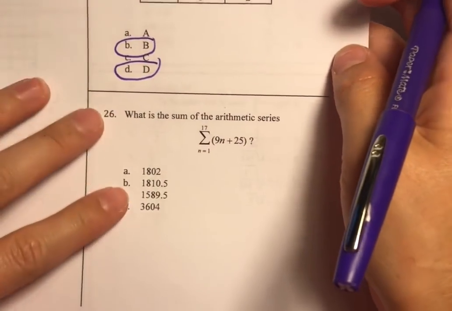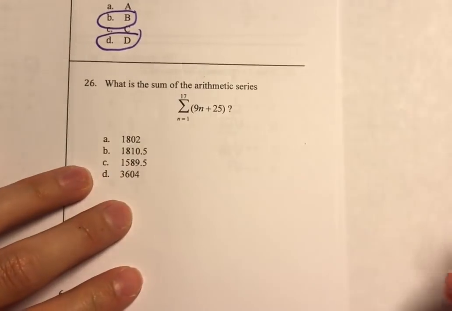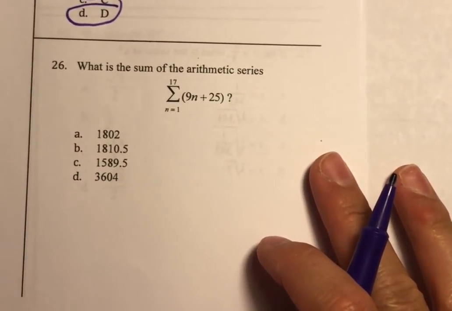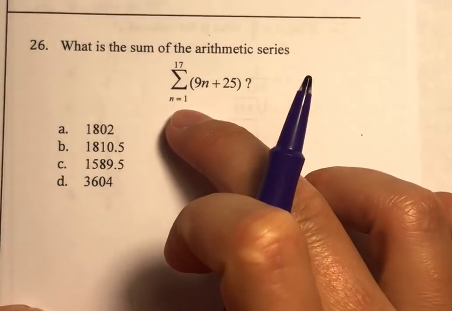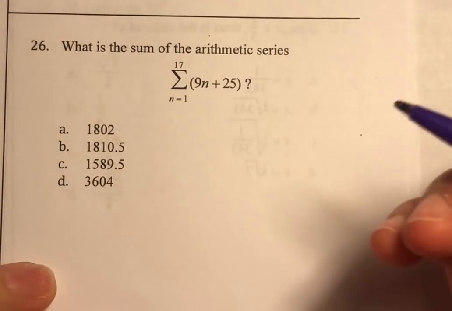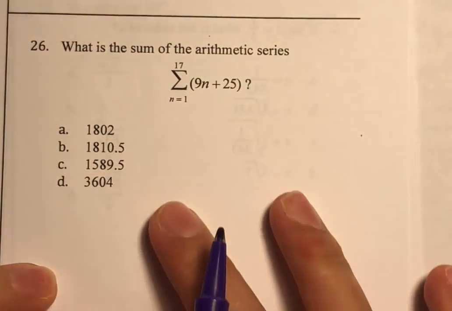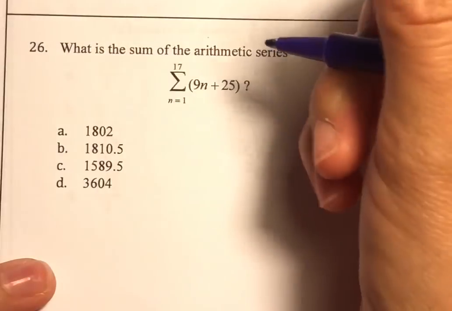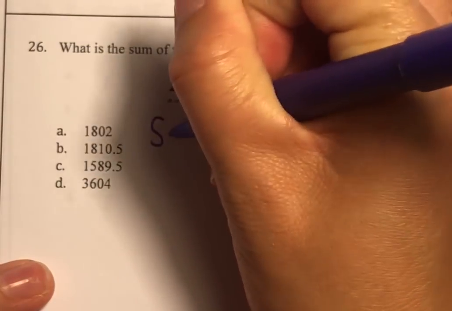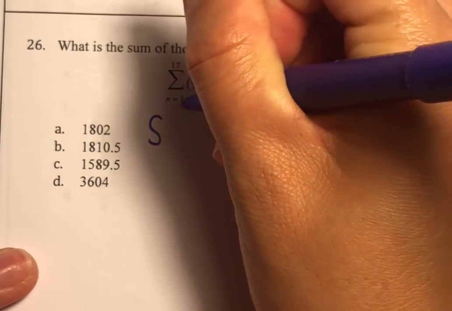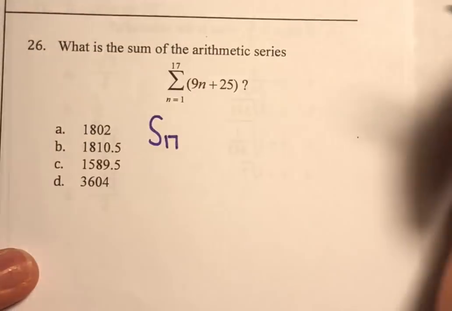Number 26 is asking us for the sum of the arithmetic series. So to find the sum of the first to the 17th term, that's going to be a lot of work to write down all 17 of those terms. So we're going to use our sum of our arithmetic series formula. We're going to be finding the sum of the first 17 terms.